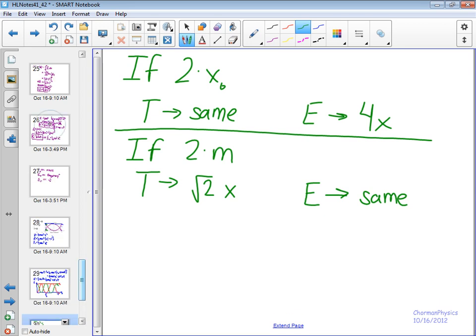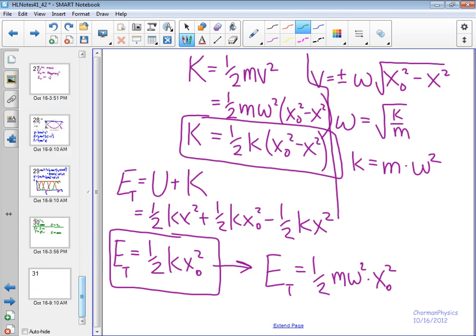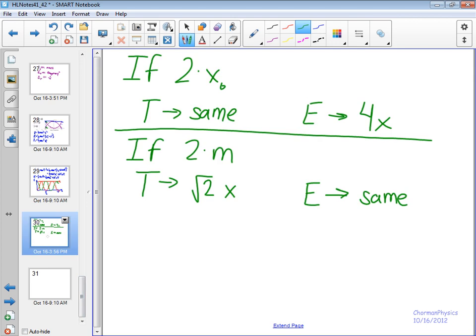The reason that it cancels out, if we come back to what we had done before, is 1/2 m omega squared times x naught squared. That m times omega squared: we've increased the period by the square root of 2 times.